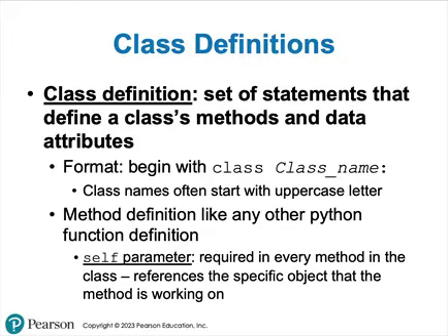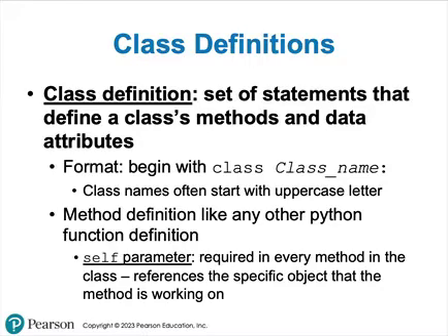So the class definition is, like I said, the definition of the class. The way you do this in your code is you have the keyword class followed by what you want to name the class, followed by a colon. They're saying it's not required, but it's kind of a de facto standard that class names often start with uppercase letters.